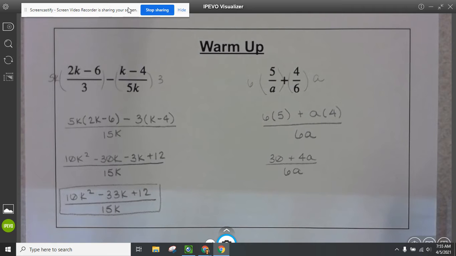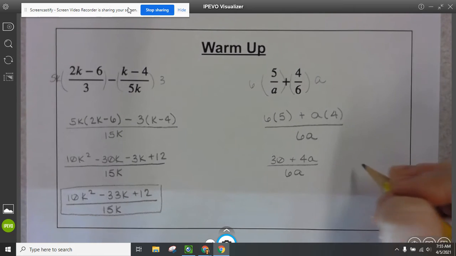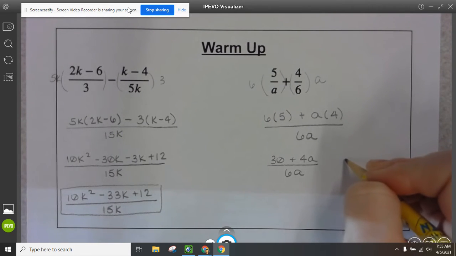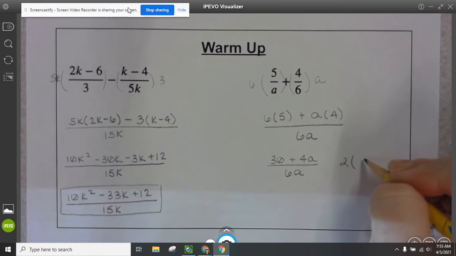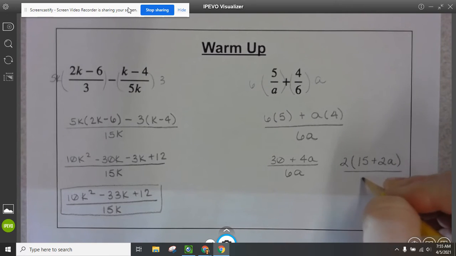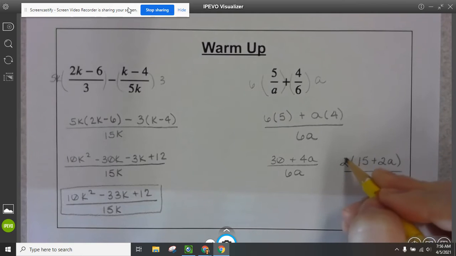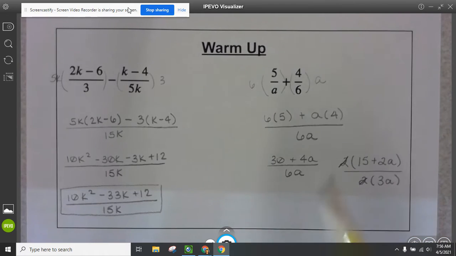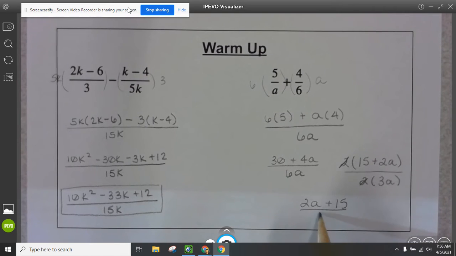Looking at 30 and 4 and 6, they're all divisible by 2. Sometimes it helps to see that factored out. So those 2's will cancel out to 1, so I'll be left with 2a plus 15 over 3a.